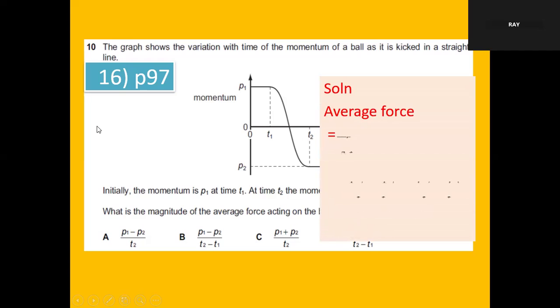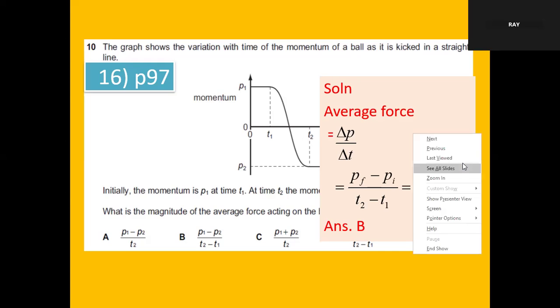Average force is change in momentum over time. Change in momentum is final minus initial. Time is t2 minus t1. So final one is p2, initial one is p1, t2 minus t1. The answer is B. We are not interested in direction, so we don't have to worry about the negative sign. Okay or not?